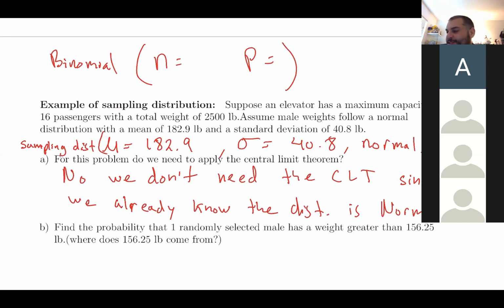Once you know the distribution is normal, there's no need for the central limit theorem.